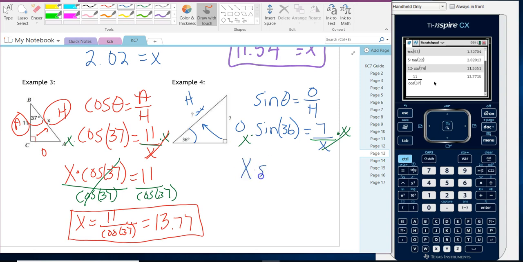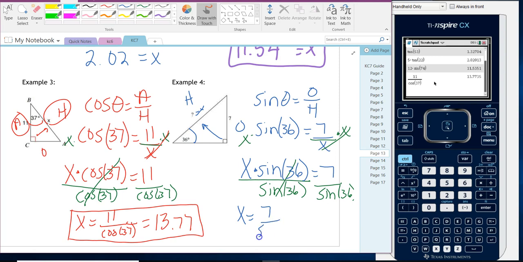So it's going to be x times the sine of 36 is going to equal 7. This is multiplying. To get my x by itself, I must do the opposite, which is divide by the sine of 36. So therefore, my final answer is x equals 7 divided by sine of 36.